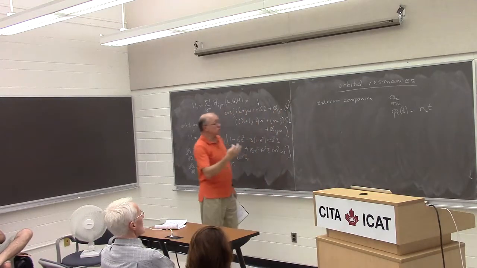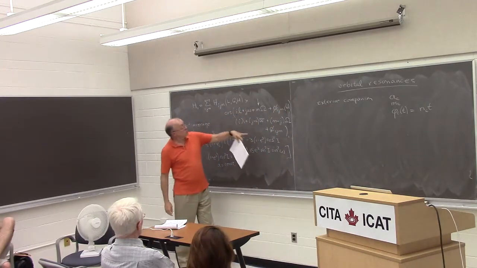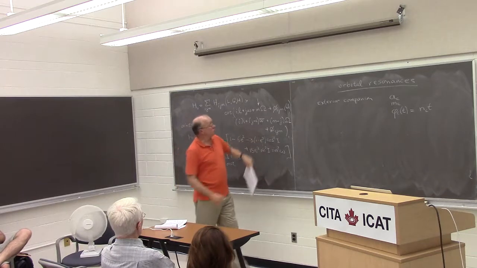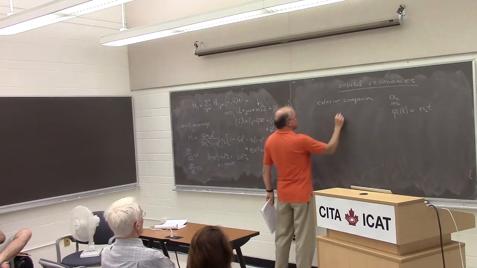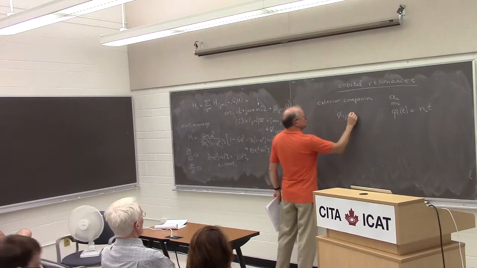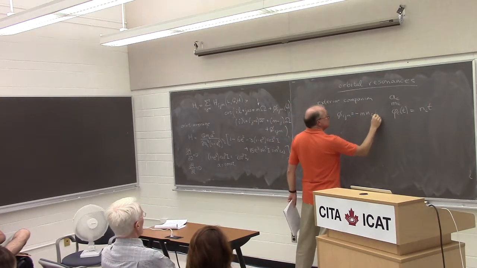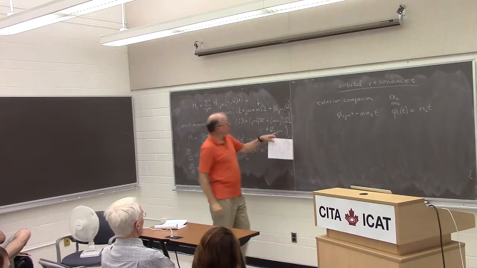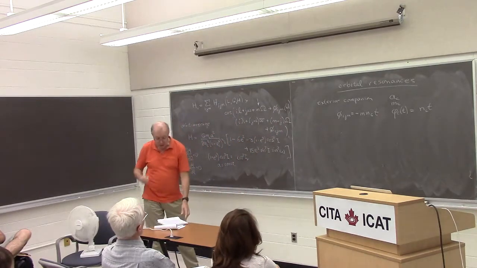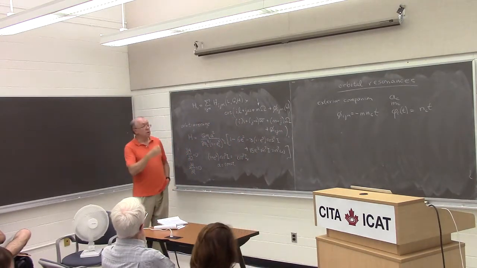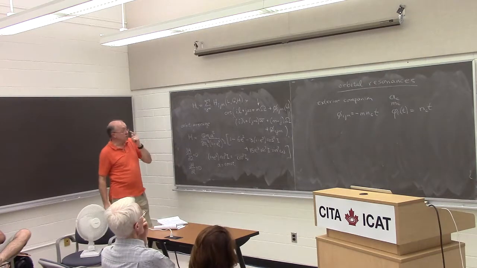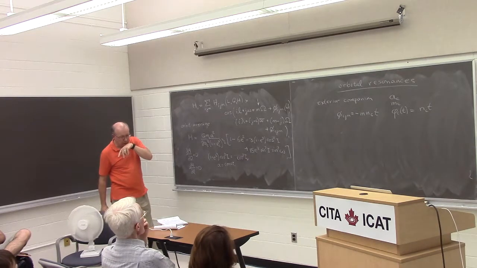In this case, I've already argued that in this Fourier expansion, phi_ijm is minus m n_c t. That is, the phase angle is given by the azimuthal wave number times the azimuthal position of the companion.